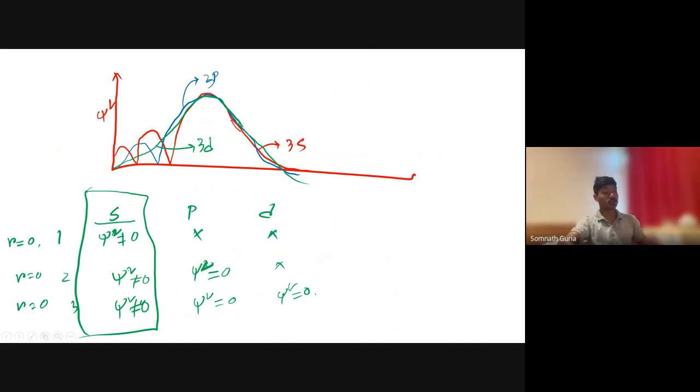So there is a chance that some electron cloud can stay inside the nucleus.